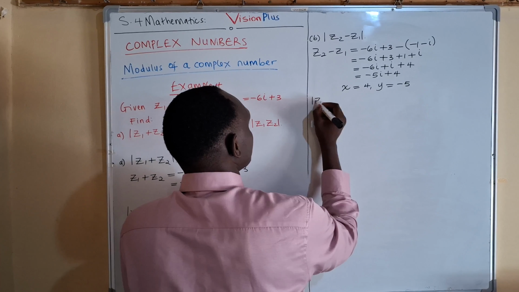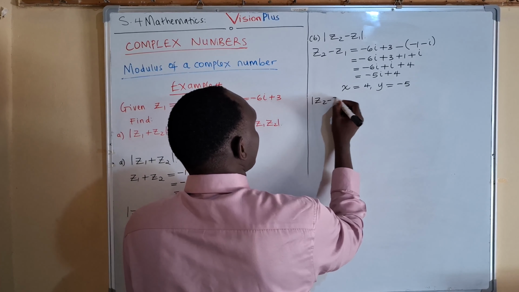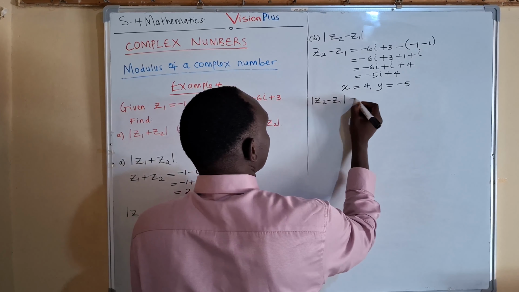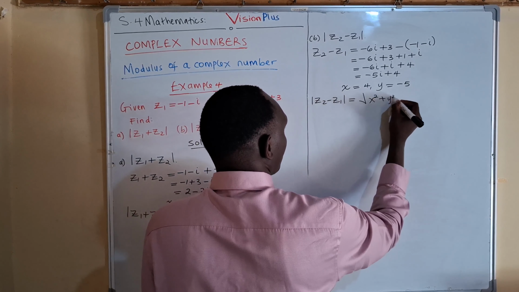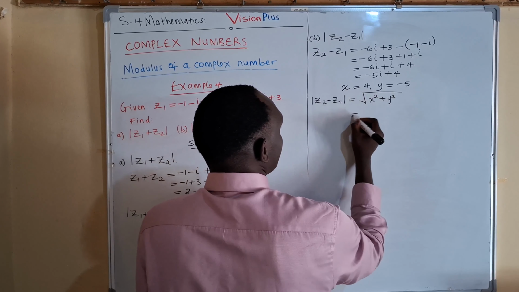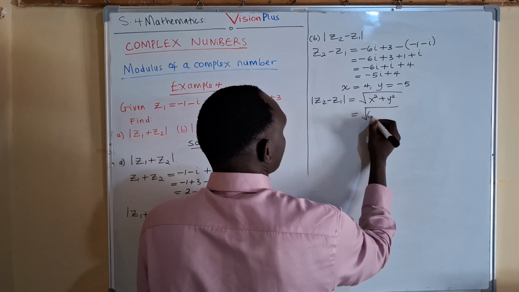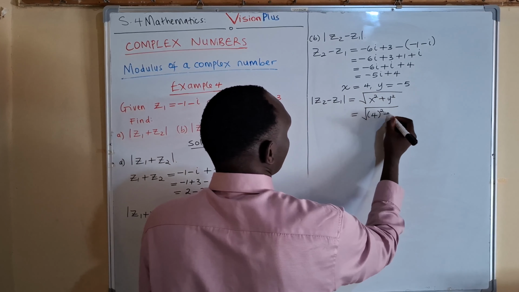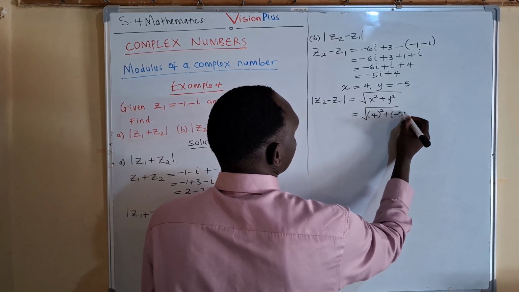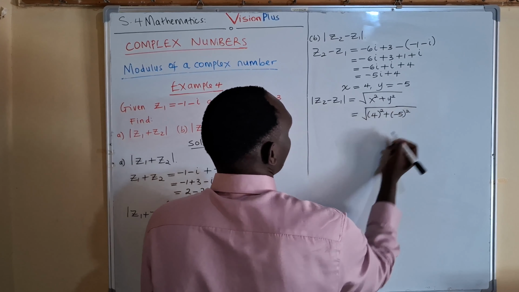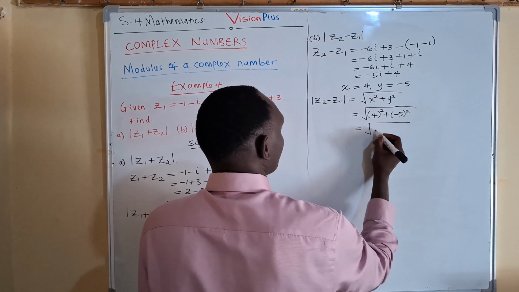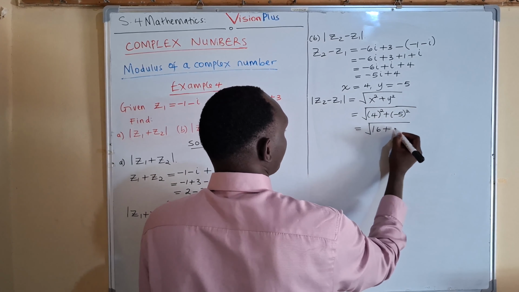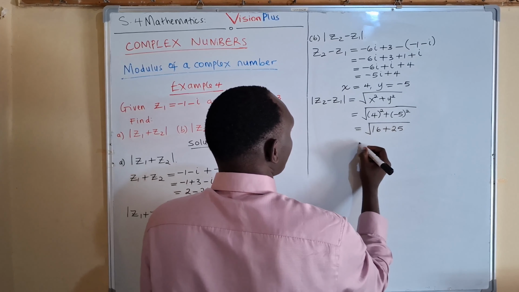Therefore, the magnitude of Z2 minus Z1 is the square root of X squared plus Y squared. What is X? X is 4, but we are squaring it, plus what is Y? Y is negative 5, but we are squaring it. What is the square of 4? That is 16, plus the square of negative 5, that is 25.